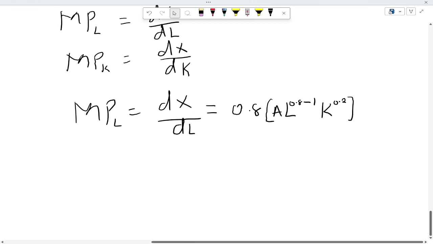Then there's something that happens here with the law of indices. This becomes like this, L to the power minus 1.